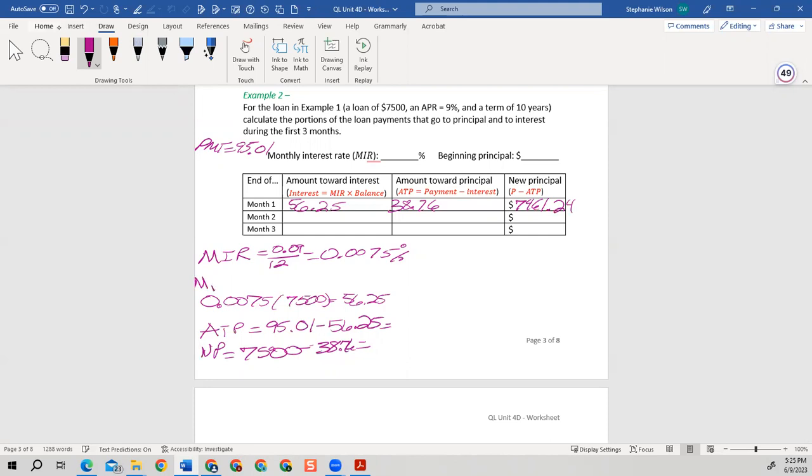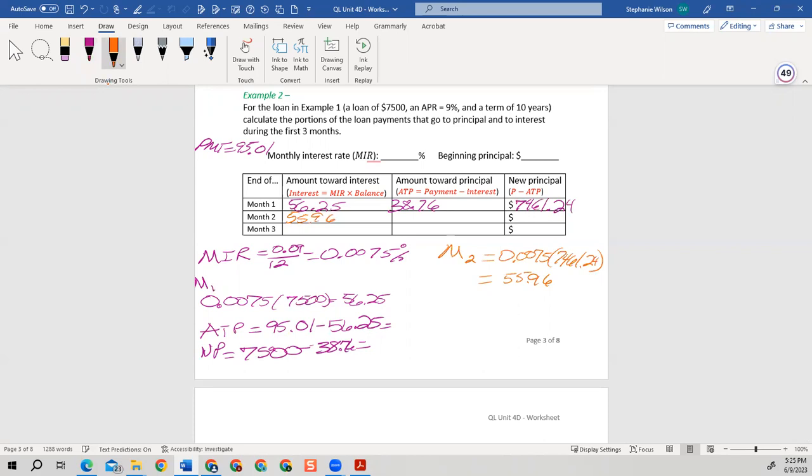Let's do month 2. So I'm going to take that 0.0075 and multiply it by the new balance. And that gives me 55.96.